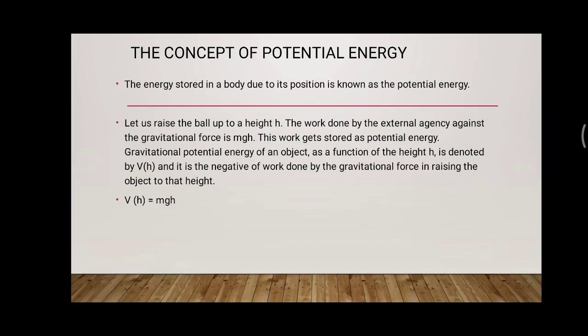So the gravitational potential energy of an object as a function of height h is denoted by V of h, where V represents the potential energy, and the subscript h indicates the height or the displacement occurred.